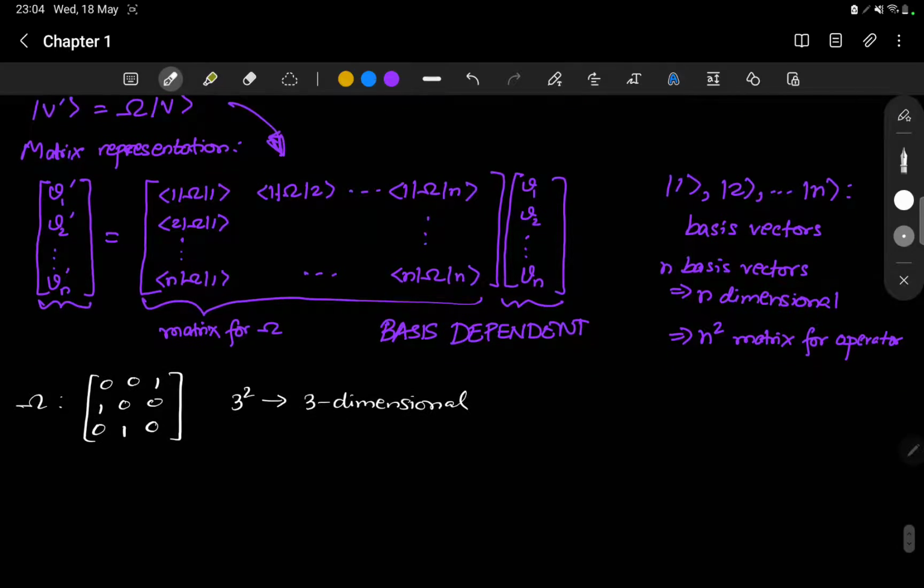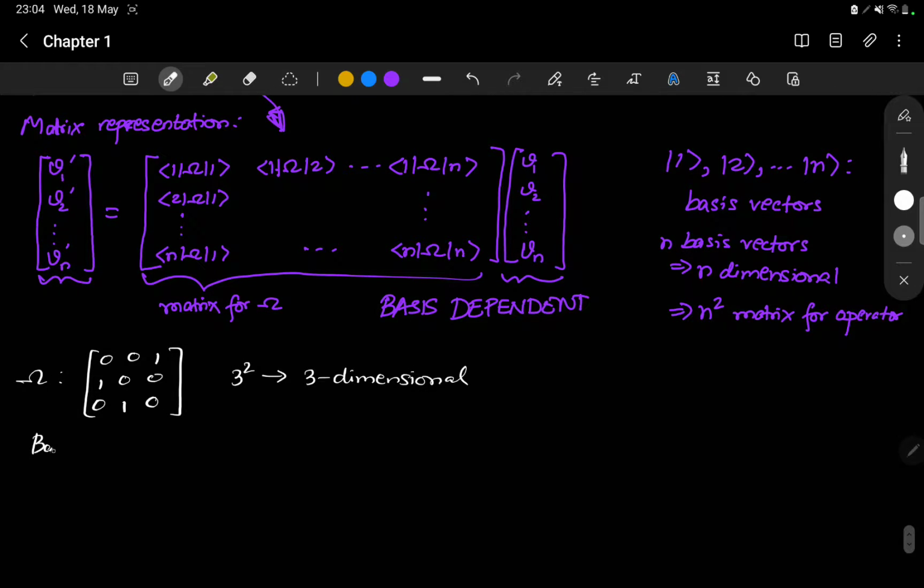In 3-dimensional space, we can select the basis as follows.